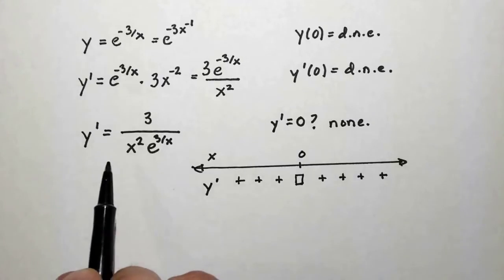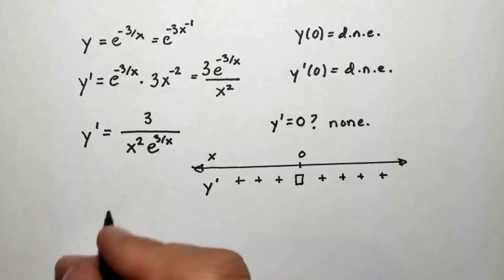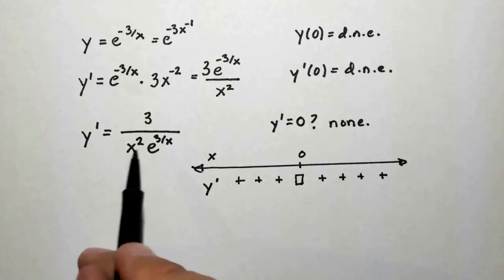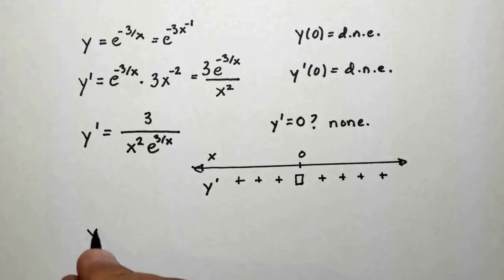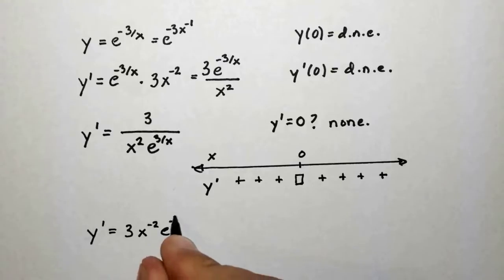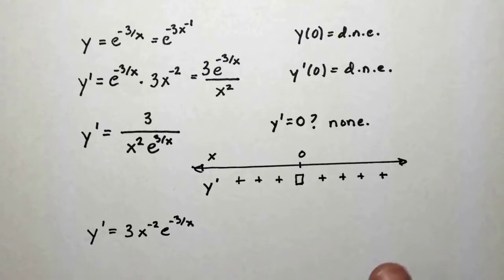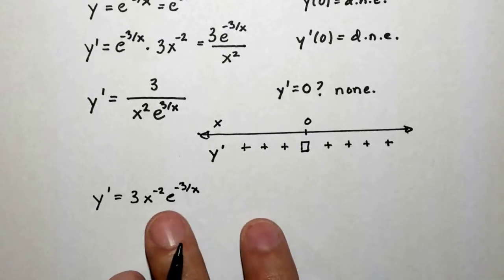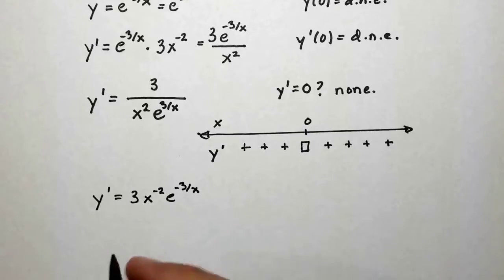But let's also take a look at the second derivative here. I'm going to rewrite this first derivative so it looks like this, to make it a little easier for us to find the second derivative. So what we're going to do here is use the product rule.